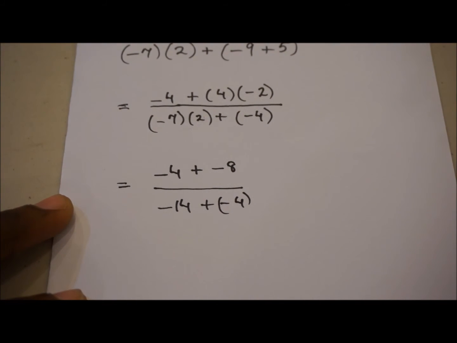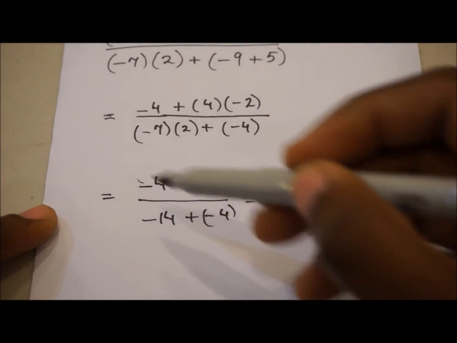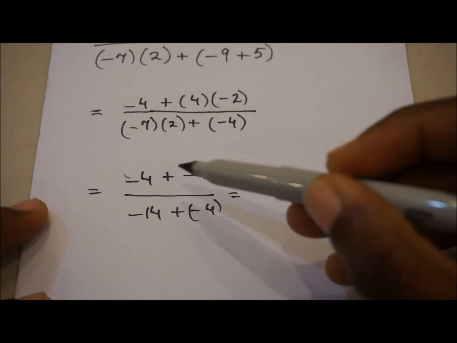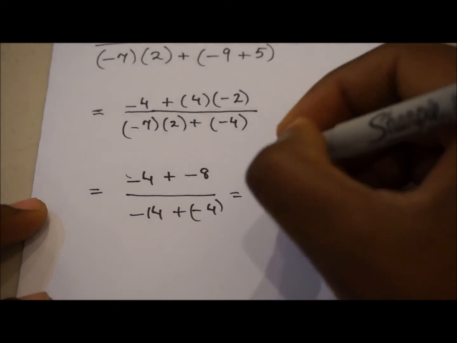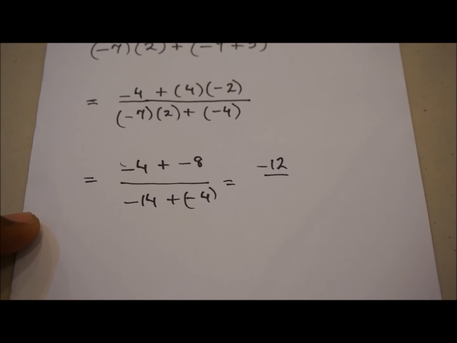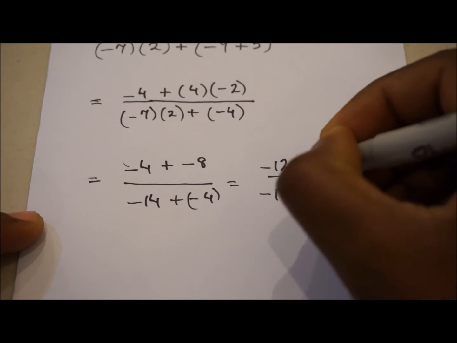Notice how nice and simple the problem starts to look. From here now, again, I'm still treating my numerator as one problem and then my denominator as another problem. My numerator now becomes negative 12 from my addition rules. And my denominator would become negative 18.